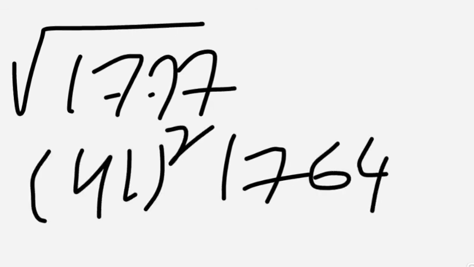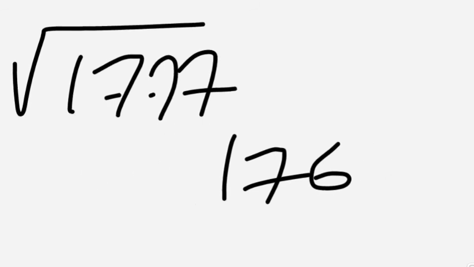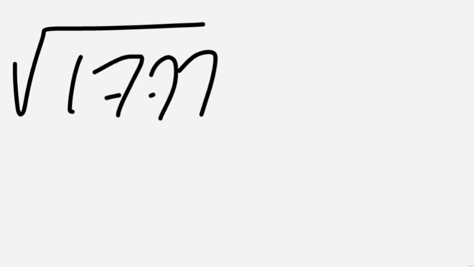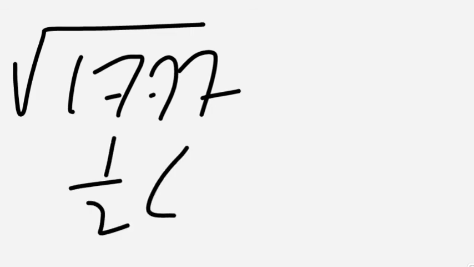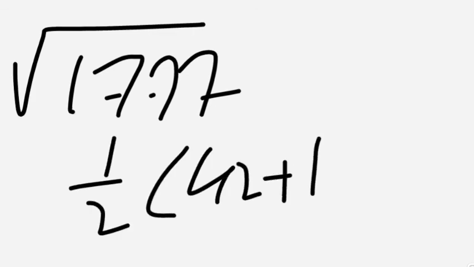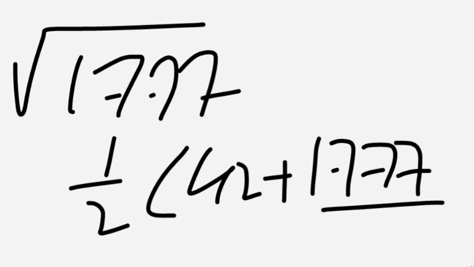If you have difficulty understanding this step, go and watch my previous videos. I clearly explained 40 to 50 squares, and many other squares in previous videos. So 42 square is 1764, so a equals 42 and b equals 1777. Substituting directly, 42 plus 1777 by 42.